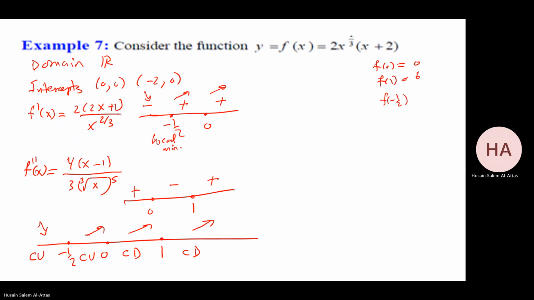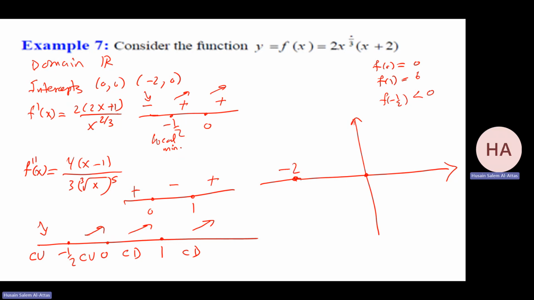Minus half, we have f of minus half, it will be positive, negative. That will be negative, so negative value. Okay. Yeah, because this is negative, but this is positive. Okay, so it will be negative. Yeah, just to be sure. So I have 0, 0, and I have -2, 0.